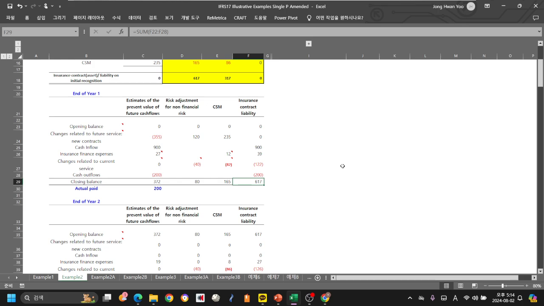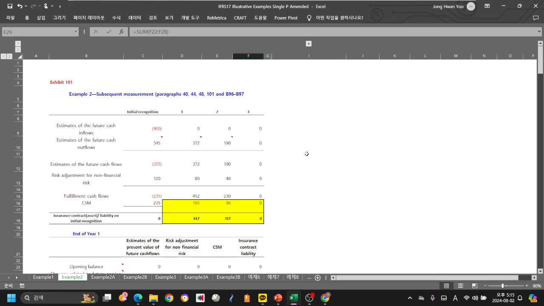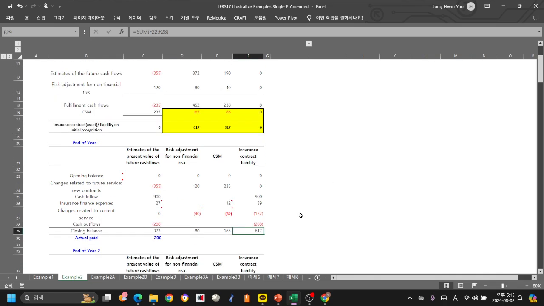So building blocks 1, 2, 3, 4, and you have 617 in year one. And when you measure again at the end of year one, you add those two, and obviously CSM is, let's say, there is an insurance finance expense, and add it on, and I have just simply divided by 3, and the remaining is 160.